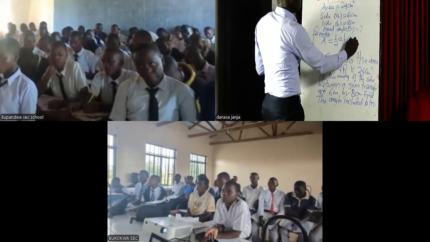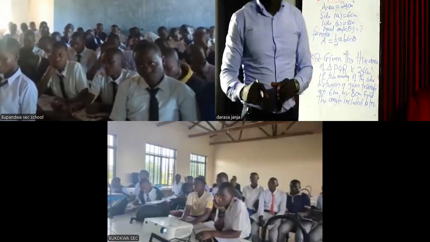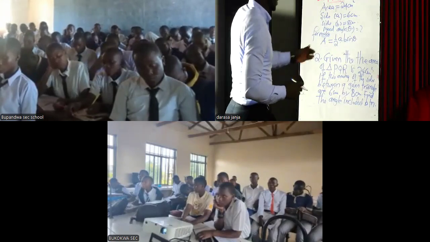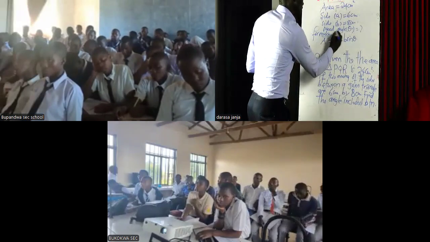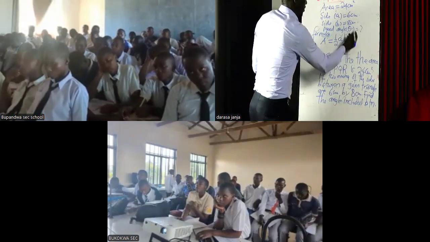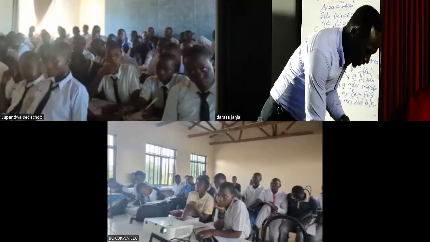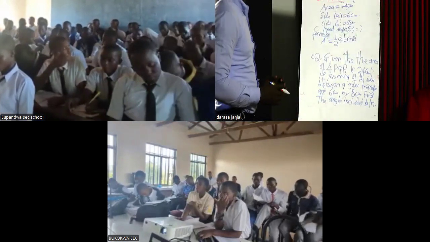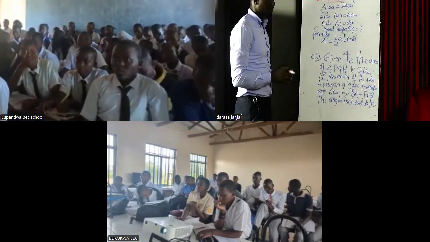Now let me put it here, theta. So what we are finding is this theta, because they have given us this one already, this one already. So what is missing here is the value of angle theta, according to the nature of the question.